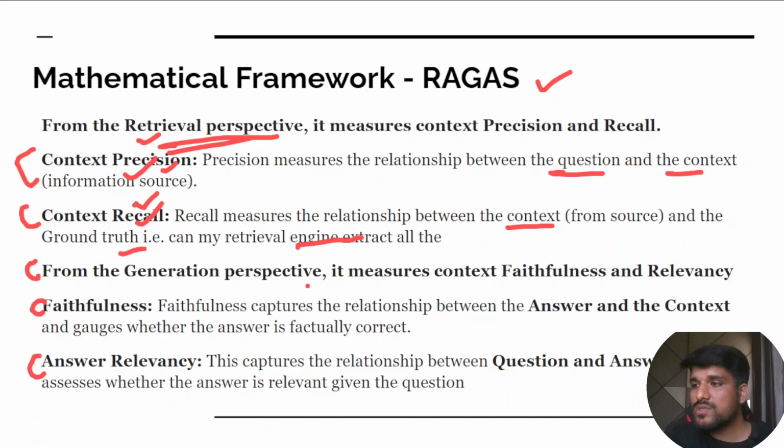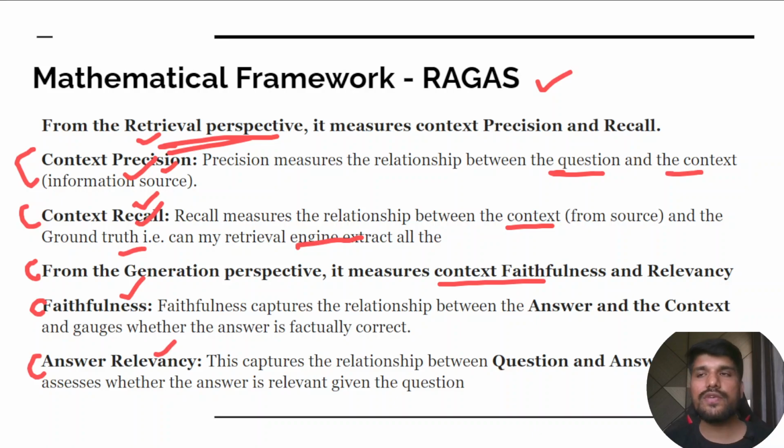Second is the generative perspective. For the generative perspective, you can check these two metrics, that is faithfulness and answer relevancy. In faithfulness, it captures the relationship between the answer and the context, meaning it checks whether the generated output is really coming from the context or not, whether it is really faithful or not.